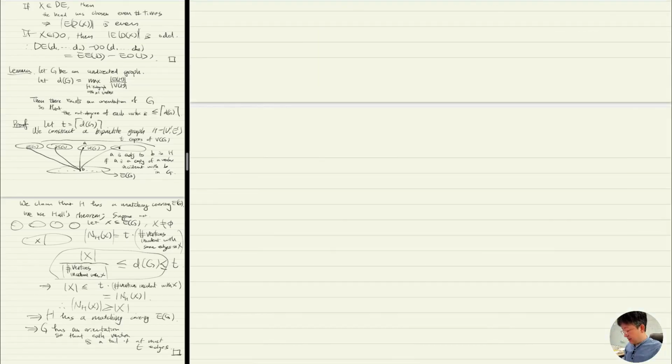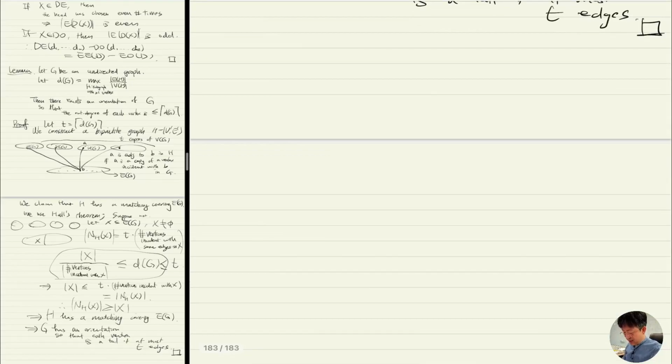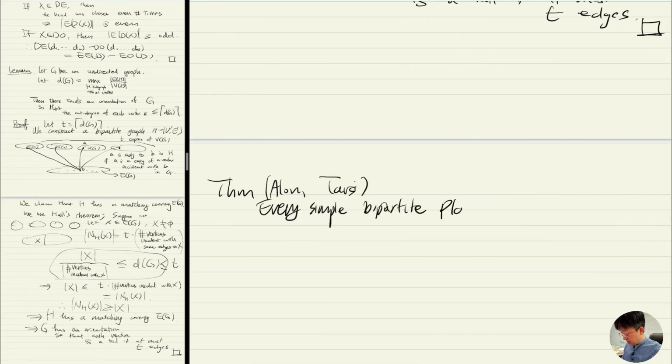Now, how do we use this lemma to prove the following theorem of Alon and Tarsi in the 90s, that every simple bipartite planar graph is 3-choosable? The proof is by Euler's formula.